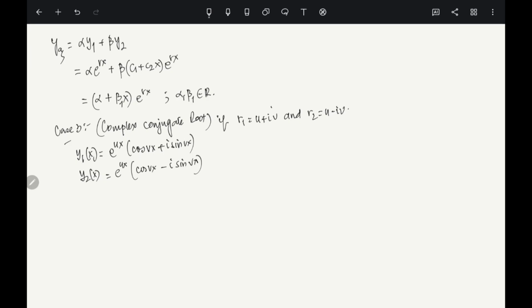But the problem is that y1 and y2 are both complex, and we are not looking for complex solutions, we are looking for a real solution. So how are we going to get a real solution?